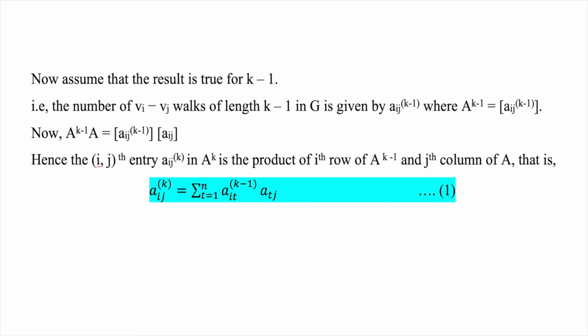Hence, the ijth entry Aij power k in A power k is the product of ith row of A power k minus 1 and jth column of A, that is Aij power k is same as summation t varies from 1 to n Ait power k minus 1 into Atj.